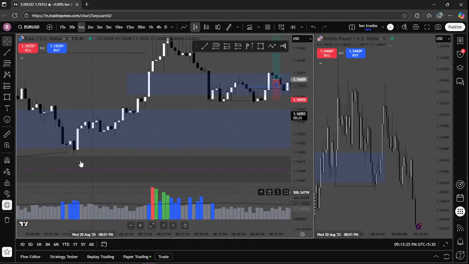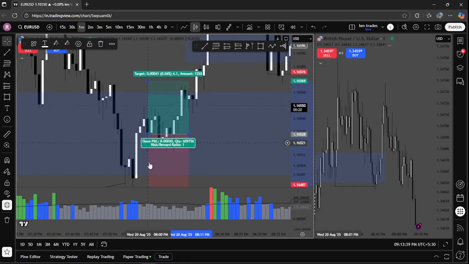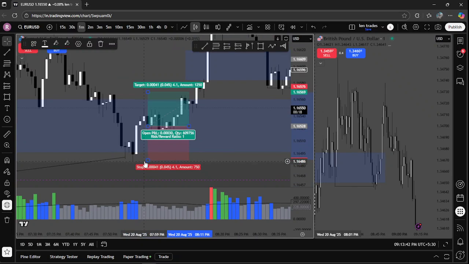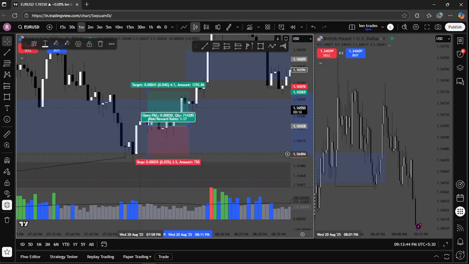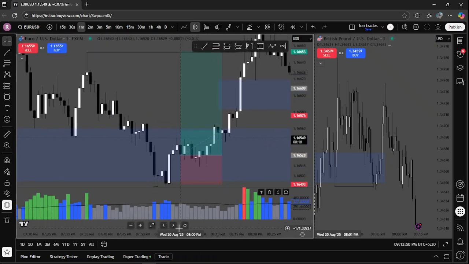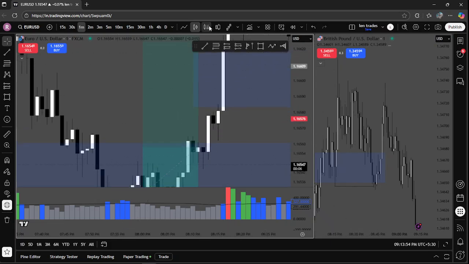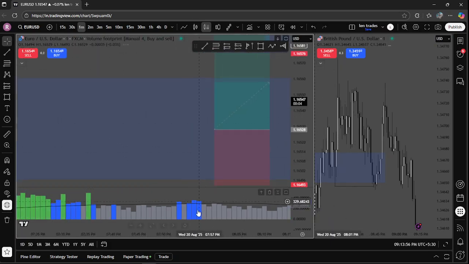Now you can just take your trade out of this fair value gap, put your stop, no problem, and ride it. Okay. Or you really need to look at that.